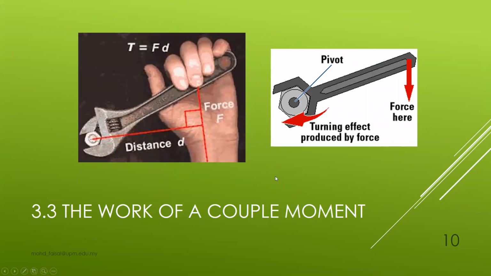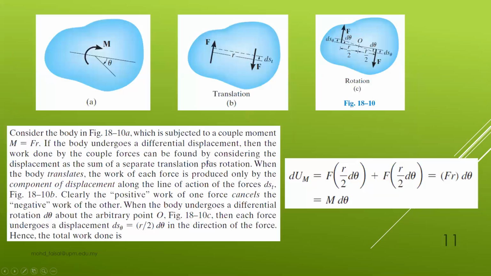Now, the third subtopic, where we look into the work of a couple moment, where we have a force and we are dealing also with a distance. What is moment? Moment is a force times the moment arm, or the length r.